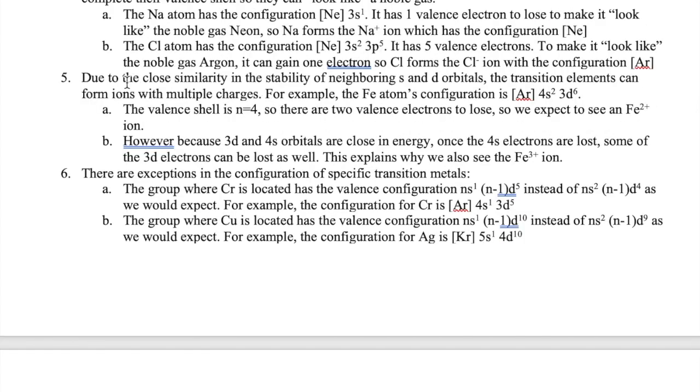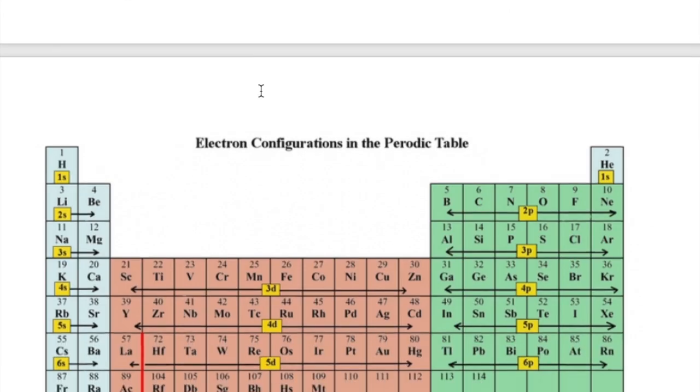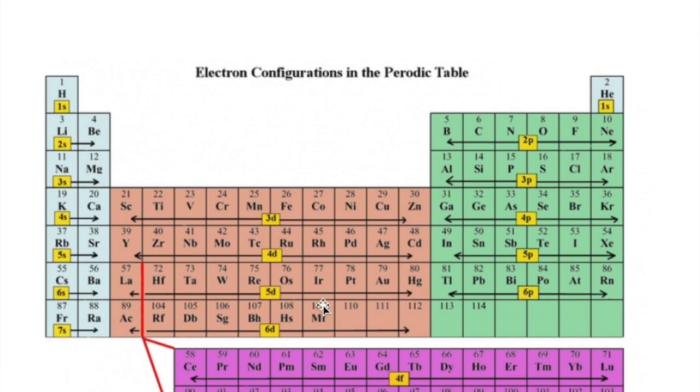Now, what about the transition metals? Well, the transition metals are a little unique because, if you remember, all of the transition metals have their last electrons in the d orbitals, but their valence electrons are actually not in the d orbitals, but in the s orbital that is neighboring the d orbitals. So for example, for the elements in the fourth period, the valence electrons are in the 4s orbitals, but the 3d orbitals are the neighbor of the 4s orbital, and they are very similar in stability.